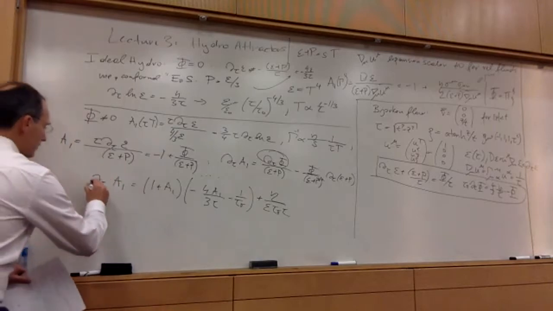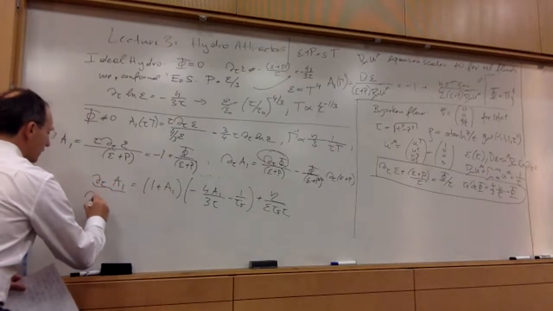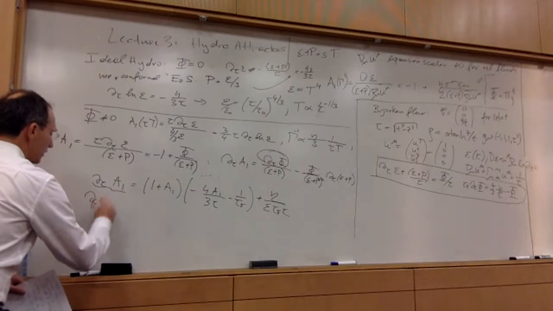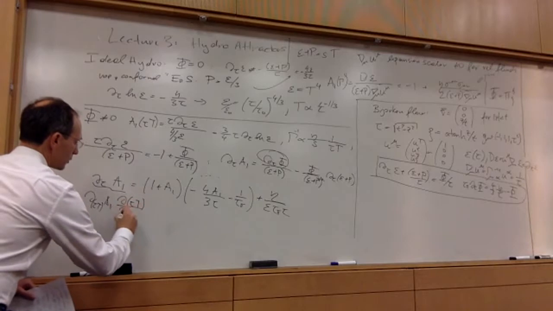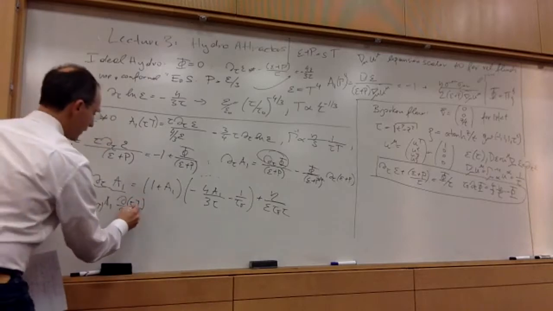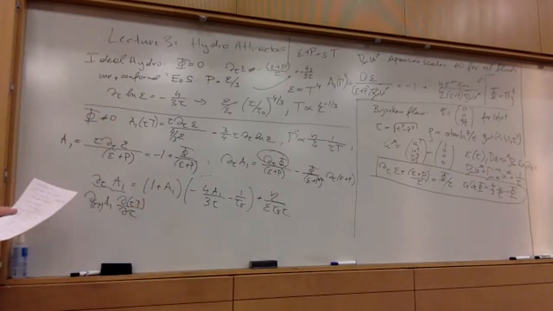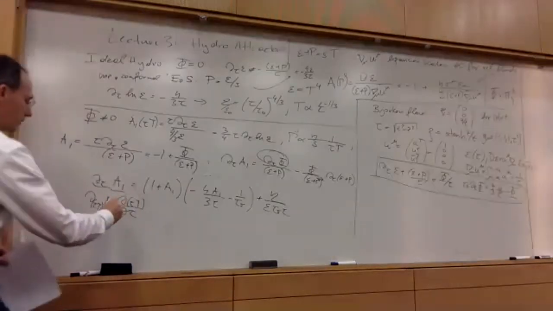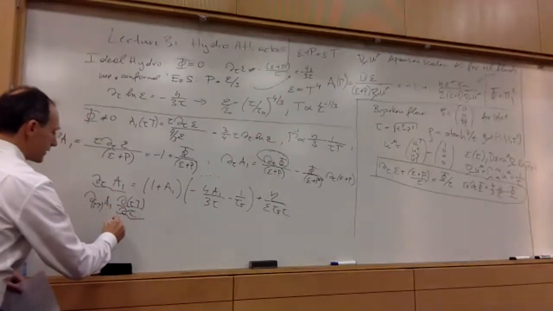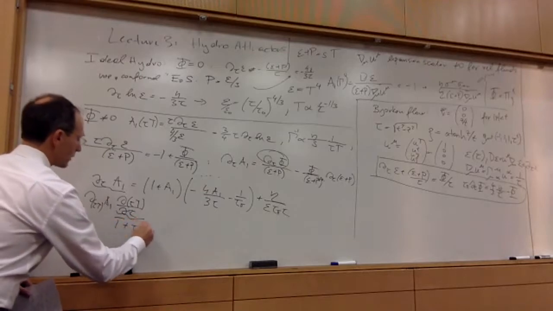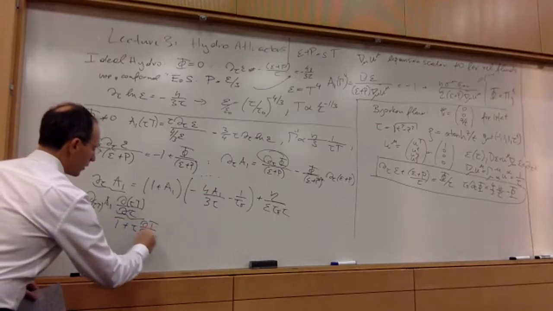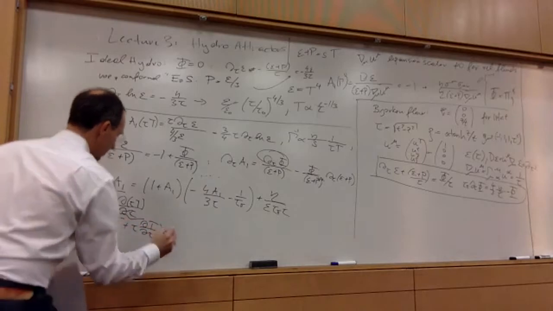Basically, we find, so what do we have? This is the same as d tau t of A1 times d tau t with respect to d tau. And this Jacobian is basically given by tau t plus tau times the derivative of t with respect to tau.